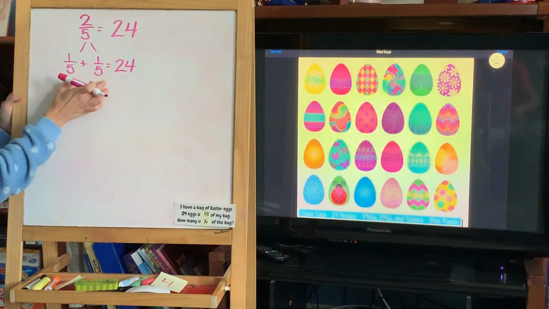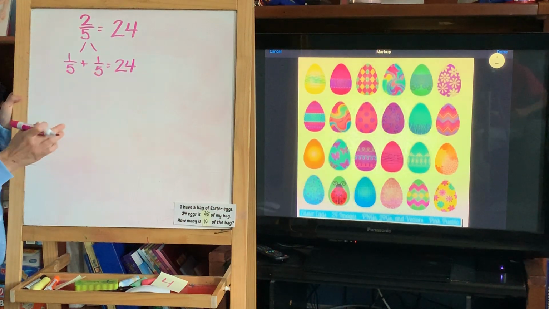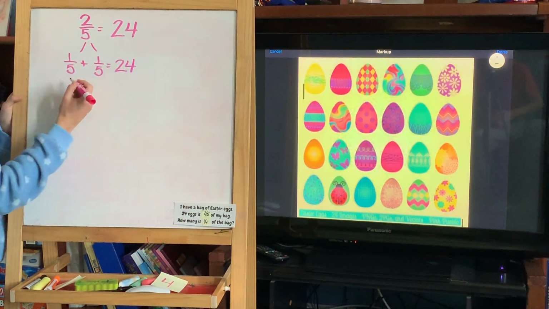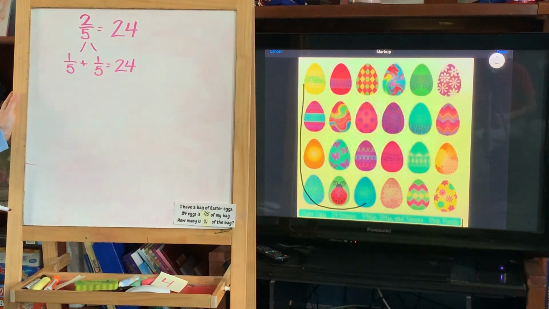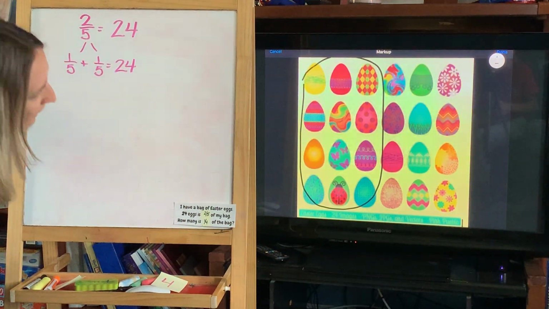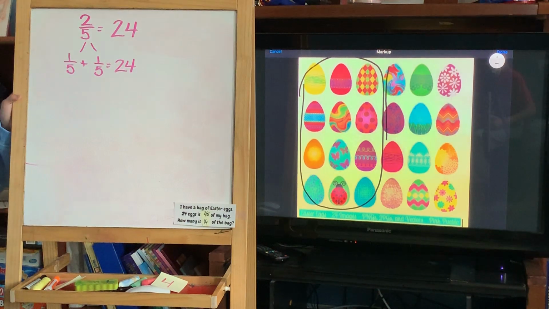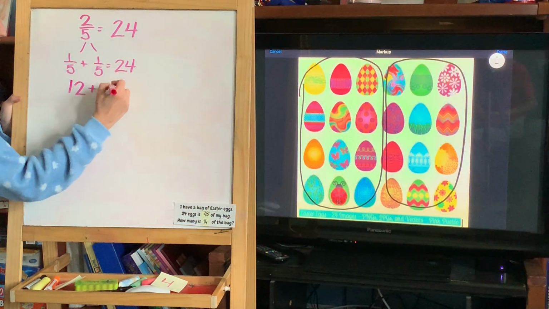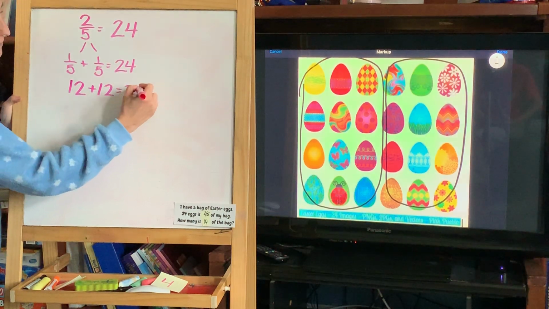I need to know which double, how can I break that apart, which I can show on my picture, and I can cut that in half, and I would see that if I cut those eggs in half, I would have 12 plus 12 equals 24.